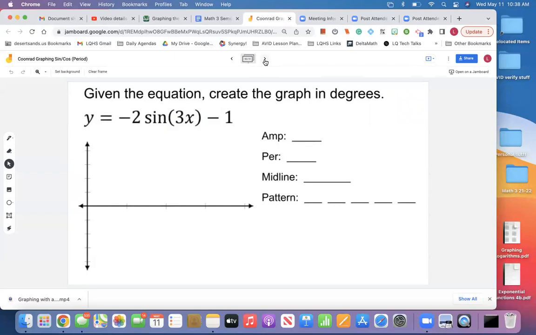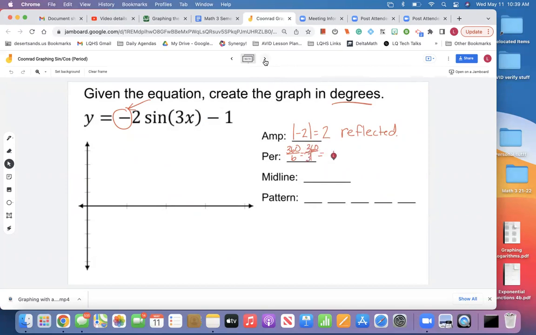The amplitude is the absolute value of -2, which is +2. Alert, remember, it's going to be reflected. Okay. The period is in degrees. So the period is always 360 divided by the b, which is going to be 360 divided by 3.